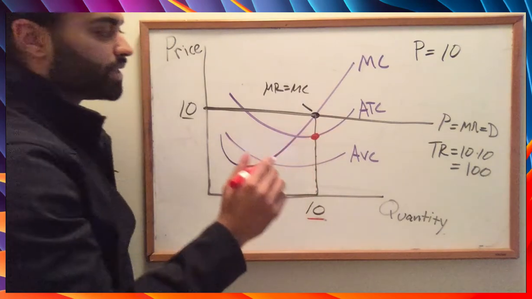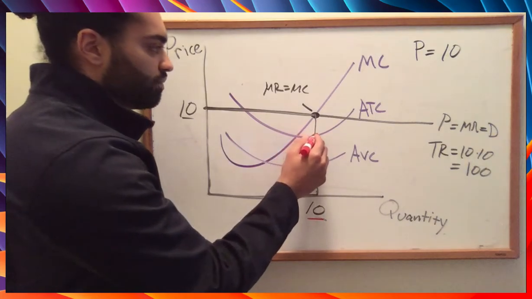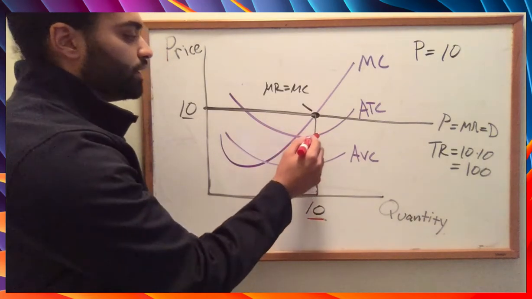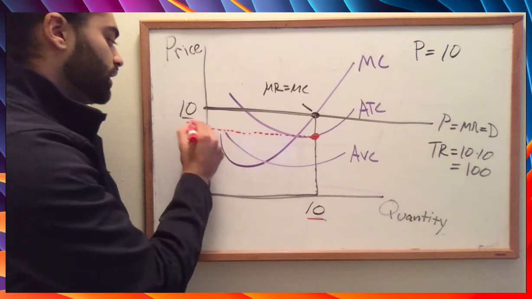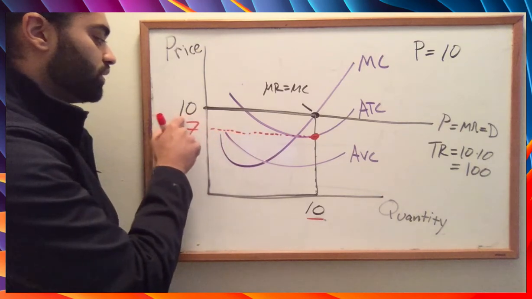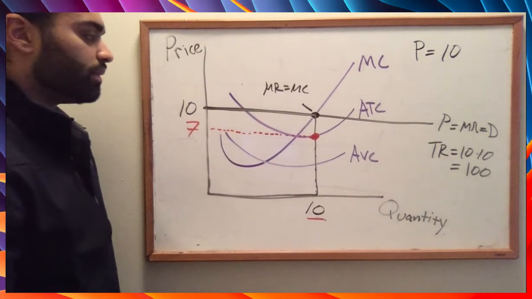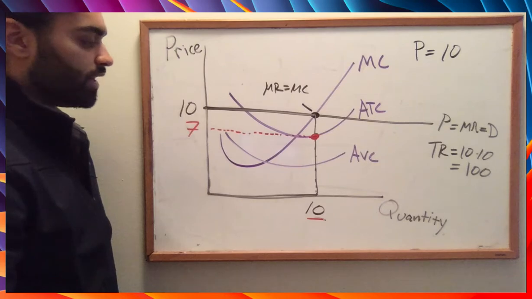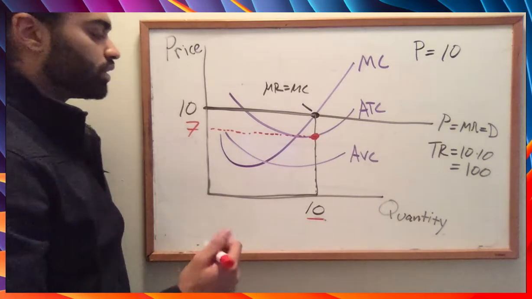So our profit maximizing quantity that we should produce is 10. Our average total cost is going to be at this point. So if we were just to go straight across, let's just assume it is 7. Again, I'm just giving you these numbers. You will always be given numbers, so you don't need to come up with anything off the top of your head. So now we can determine our total cost.